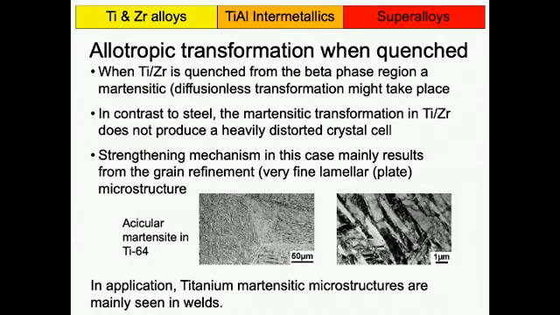But as I say, it's difficult to achieve, and you don't get a heavily distorted crystal cell. So the increase of strength here comes from the grain refinement only. Whereas in steel, your quenched steel is very hard, not just because of the grain refinement, but also because of the distorted lattice. And you temper it afterwards to recover some ductility.